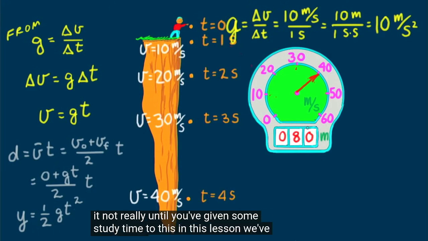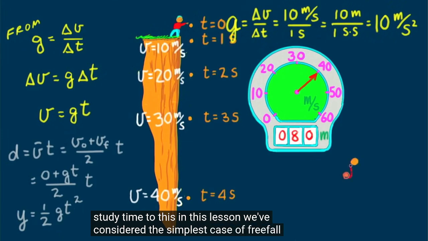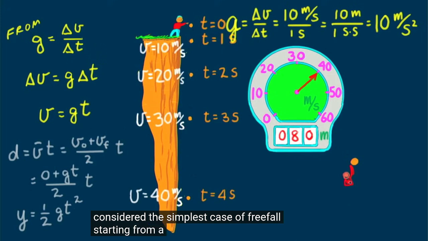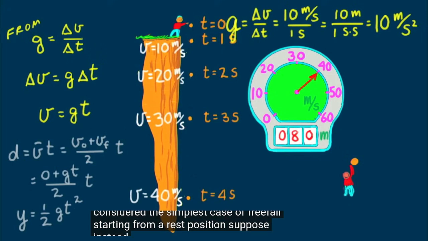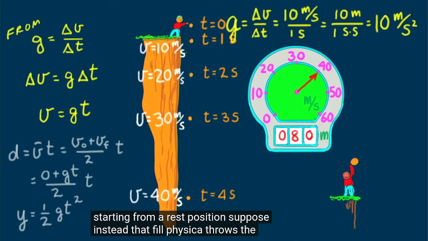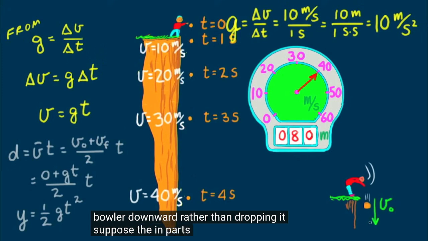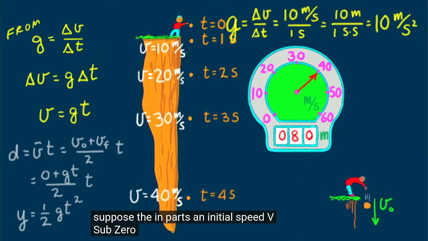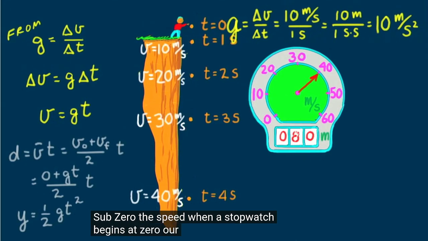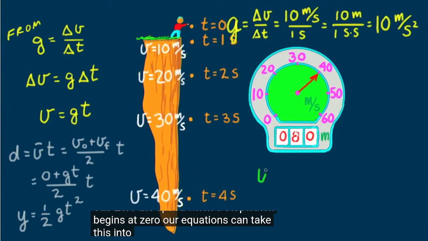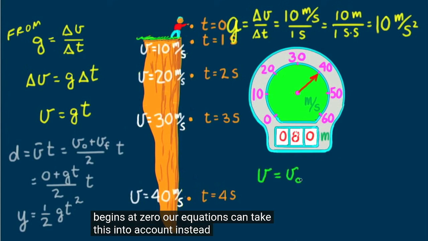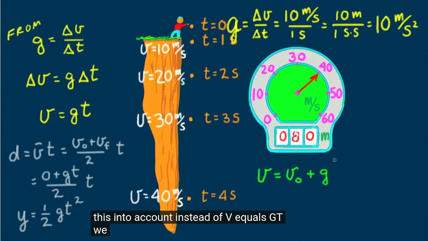In this lesson, we've considered the simplest case of free fall, starting from a rest position. Suppose instead that Phil Physiker throws the boulder downward, rather than dropping it. Suppose he imparts an initial speed, v₀, the speed when a stopwatch begins at 0. Our equations can take this into account. Instead of v = gt, we say v = v₀ + gt.